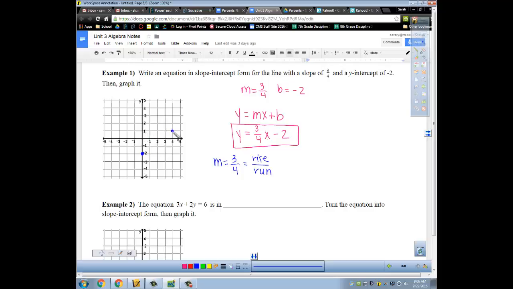Now, the way that I always make my slope, my denominator will always be positive, so you should always be going to the right for that. If the denominator were negative, then you'd go to the left. So since it was positive, we went to the right towards the positives. And then I just need 2 dots because I know it's going to be linear. So your line should look like that.